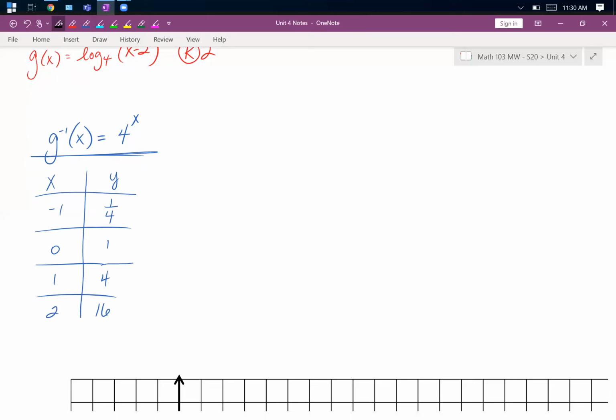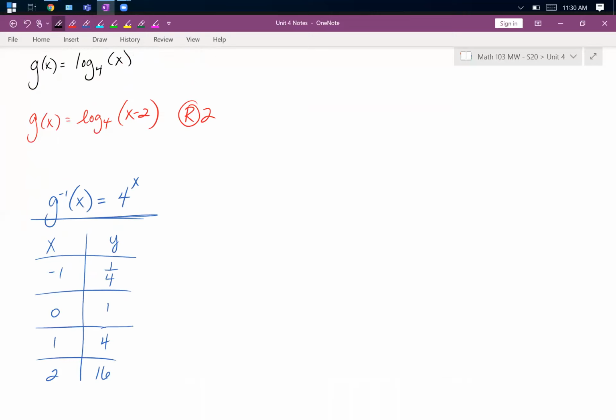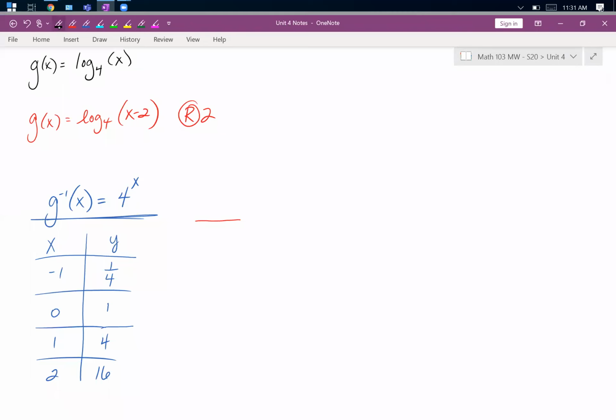These are not the points that we want to graph. We're just using these to get the points that we want to graph. To get the correct points, we now want to interchange the x and the y values.